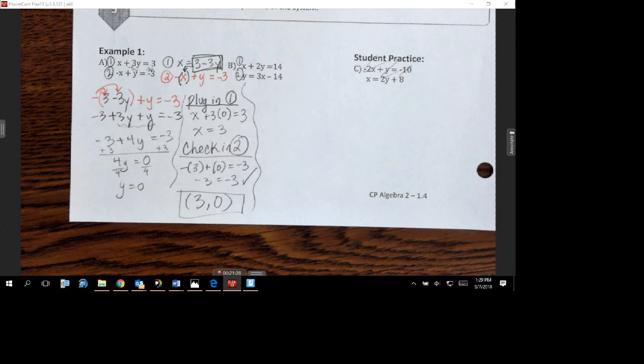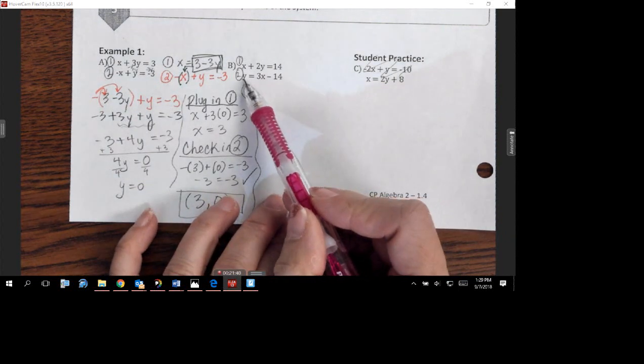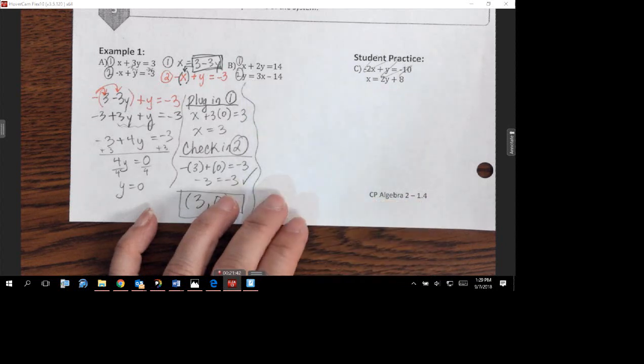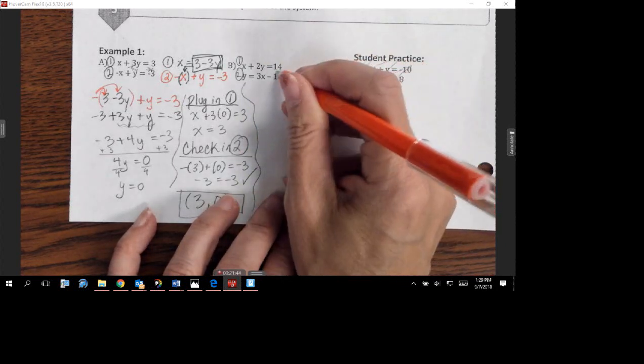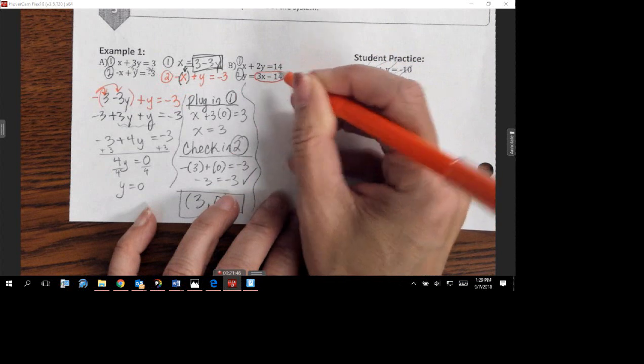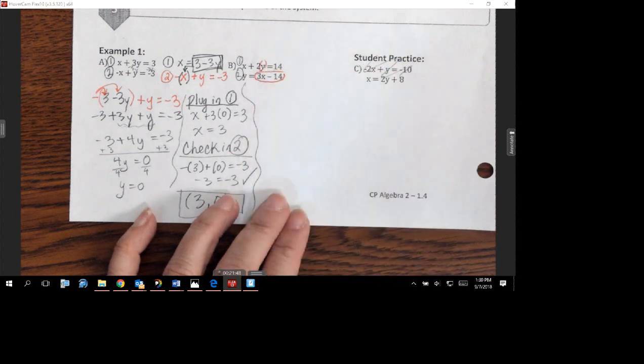So I labeled equation 1 and 2, and I have to make one of those equations say either x equals or y equals. What do you think? I already have one. Good, I don't have to do that step because the second one already says y equals. So all I have to do is substitute what y equals into the other equation for y.